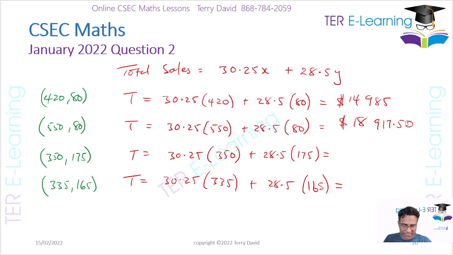Then we have 30.25 multiplied by 350 plus brackets 28.5 multiplied by 175, close brackets, and I'm getting 15,575. And then the last one is 30.25 multiplied by 335 plus brackets 28.5 multiplied by 165, and I'm getting 14,836.25.